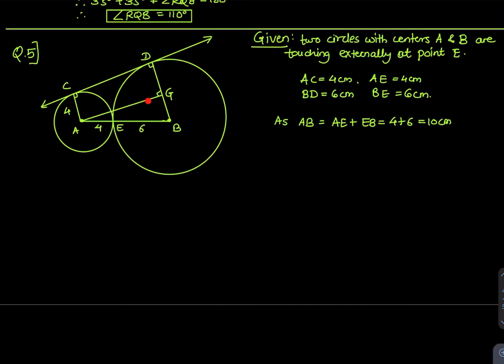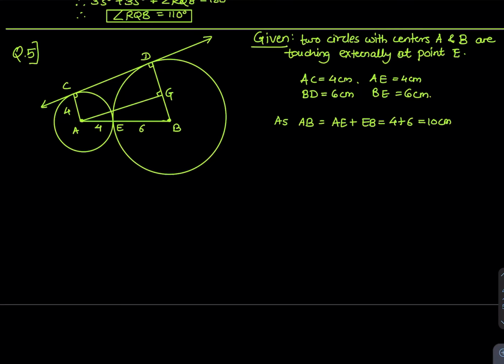Because this is perpendicular, this angle will be 90 degrees, this angle will also be 90 degrees. So now we will see the proof. As AC is the radius, AE will also be 4 cm. Then BE is also the radius of the second circle, so it is 6 cm, and this one is also 6.